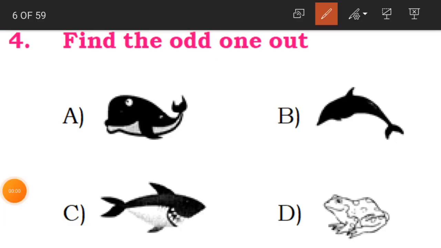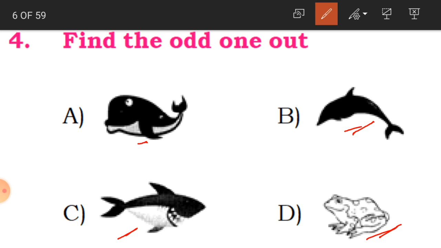Now find the odd one out. Odd one means what, children? Which does not belong to the others. We have 4 pictures here. The first, A option, is a dolphin, B is a fish, C is a whale, and D is a frog. So which is the odd one?